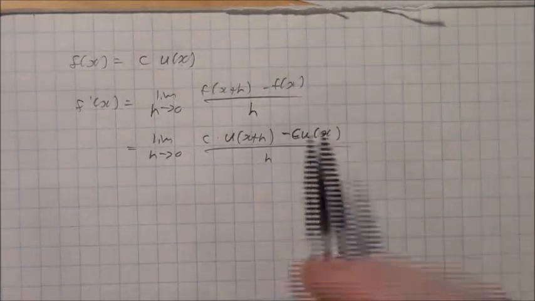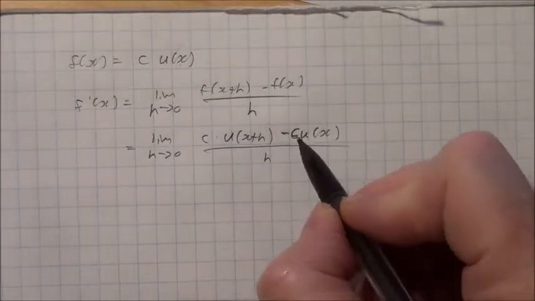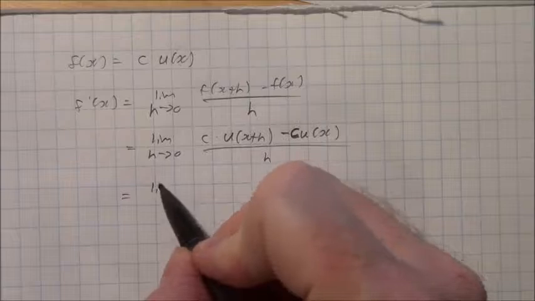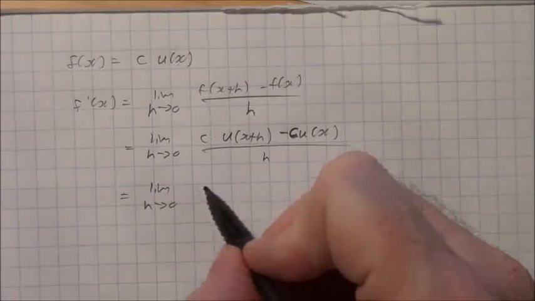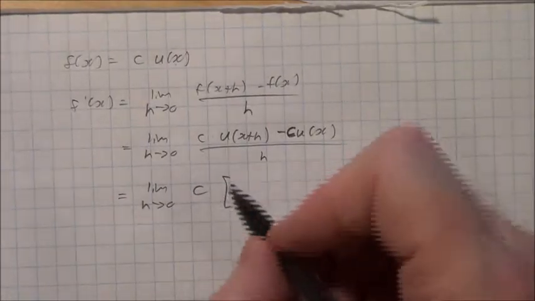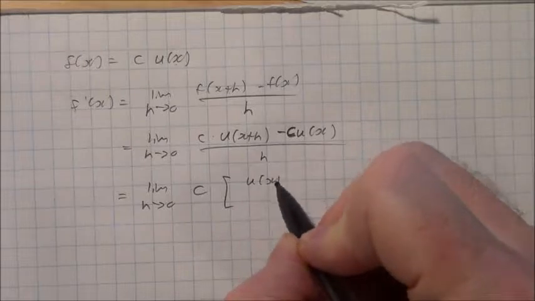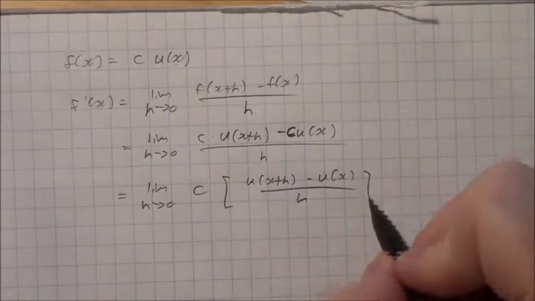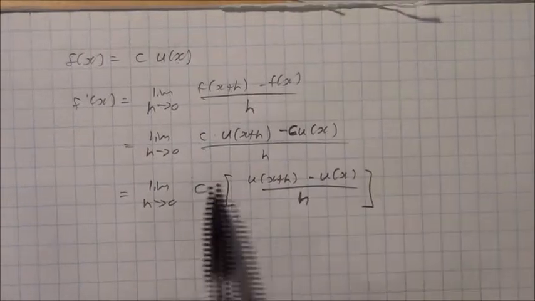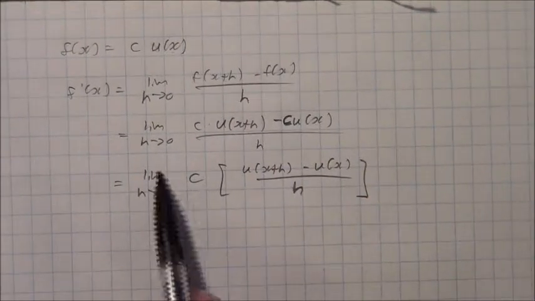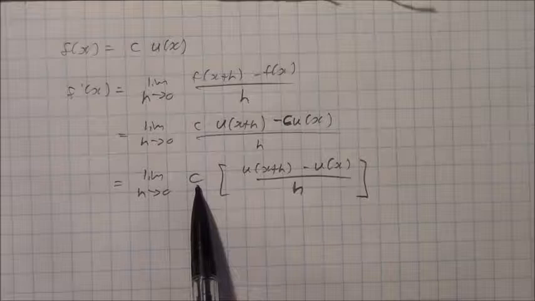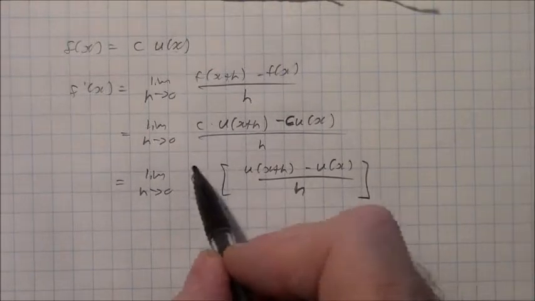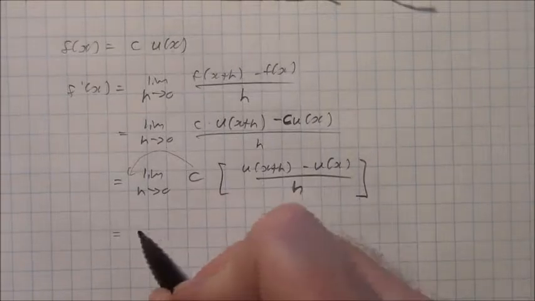And so I see I've got a constant that's common between these two terms. So I can factor it out to the front. So I've got c multiplied by u of x plus h minus u of x all over h. And, well, as we know, the limit doesn't affect the constant at all from the first proof I just showed. So let's just kick this out to the front just to get it out of the way.